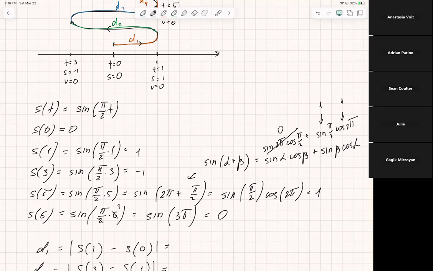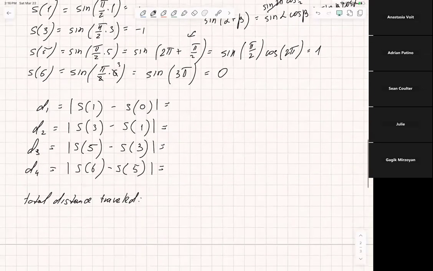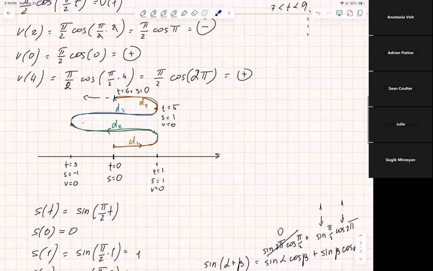So now to find the total distance, right, we need to calculate d total equals d1 plus d2 plus, how many d's we have. So we would have here d1, right? So that's from 0 to 1, and then we go back from 1 to -1, so that's going to be our distance 2.